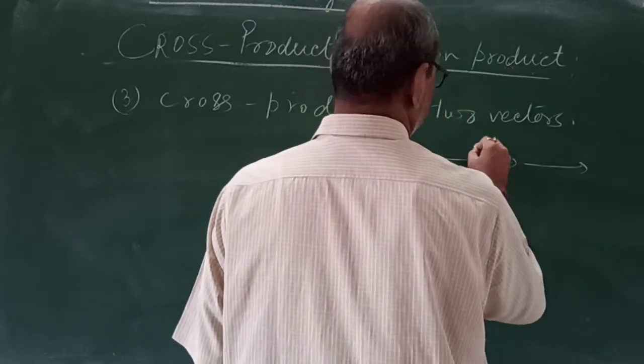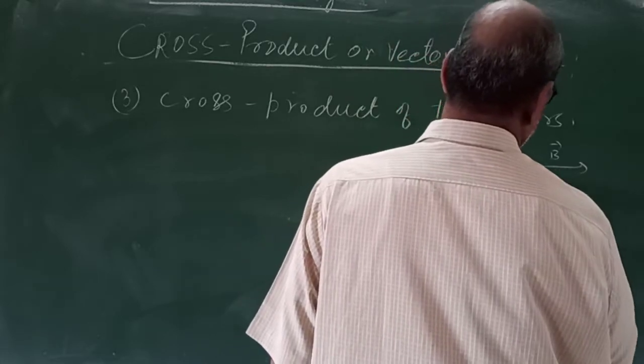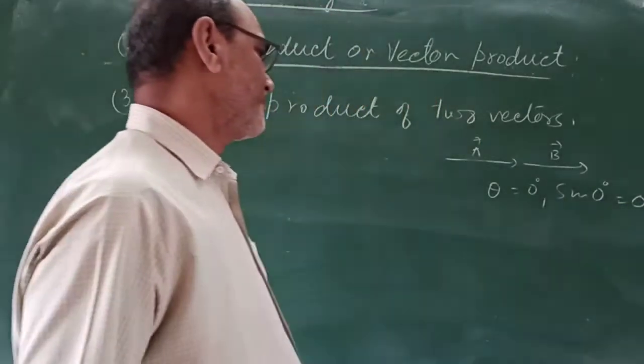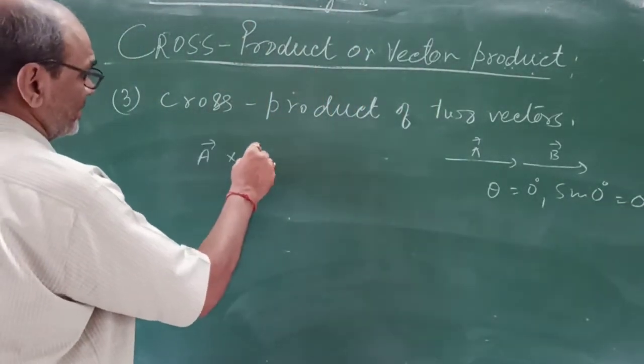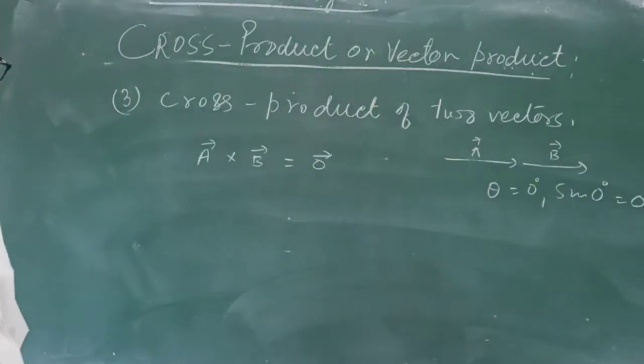In that case, theta is equal to 0 degrees. Sin 0 is equal to 0. Therefore, A cross B is equal to the 0 vector if they are parallel to each other. Is it?